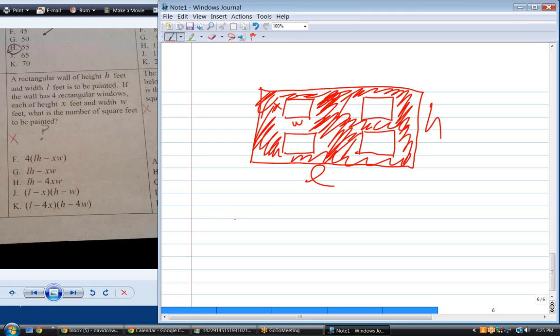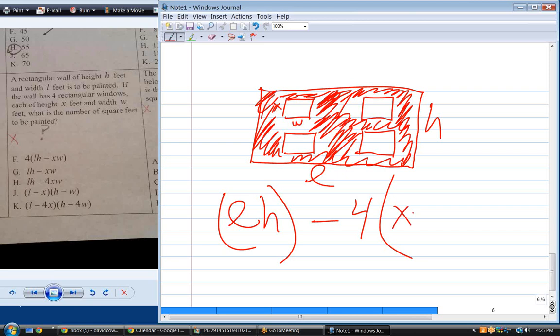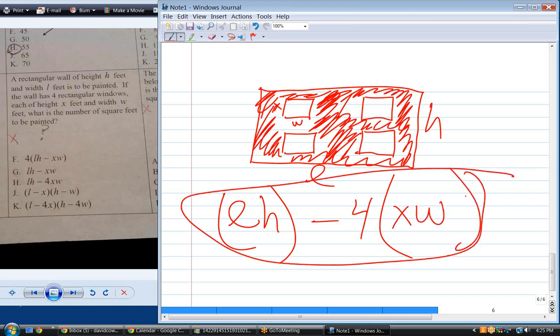H times L. Okay, so LH is the area of the wall, subtracting 4 times the area of each window, which is what? XW. There's the answer we're looking for right there.